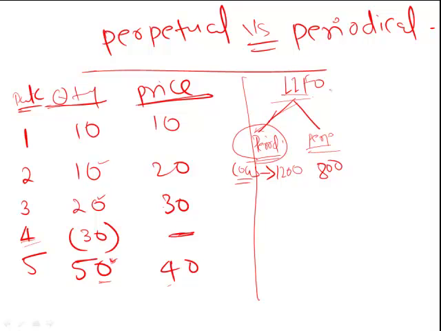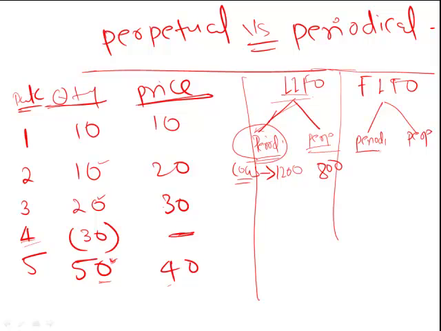Are we clear? Now let's assume a FIFO scenario. First in, first out. Again periodical and perpetual. Now in case of the periodical system, let's say that I am making the entry at the end of the month. Now first in, first out. So which ones would go out first?